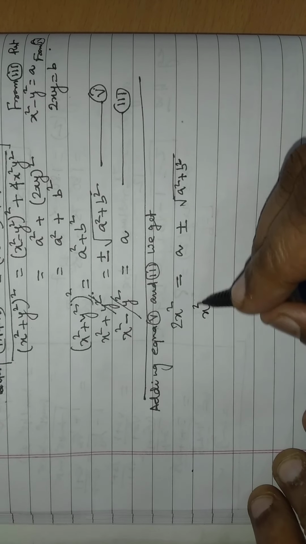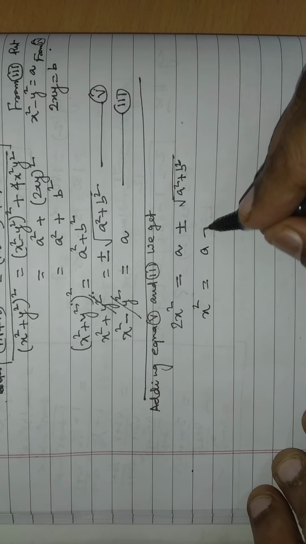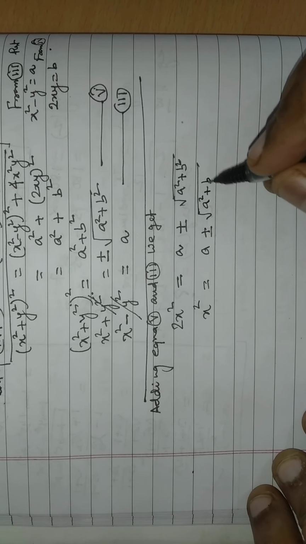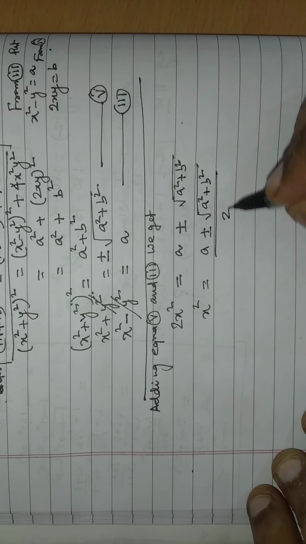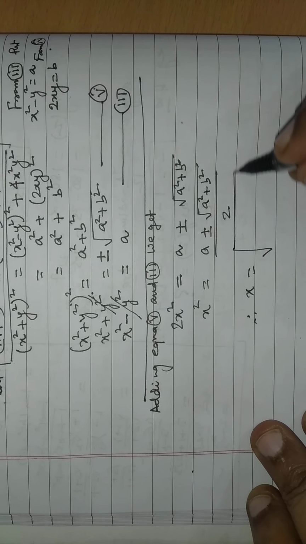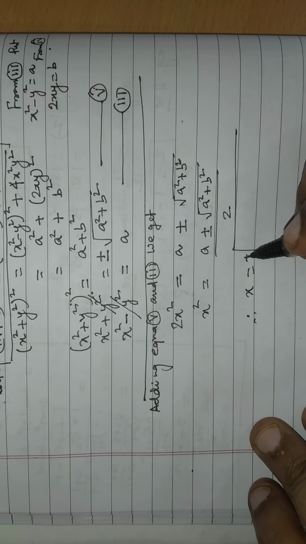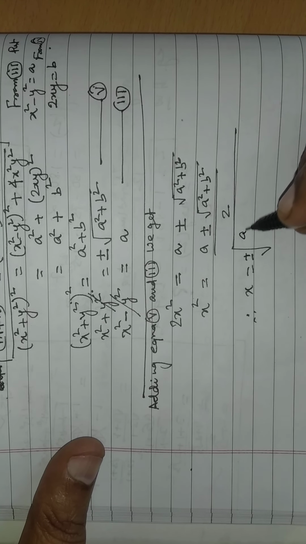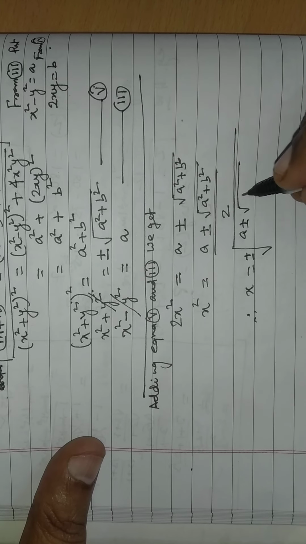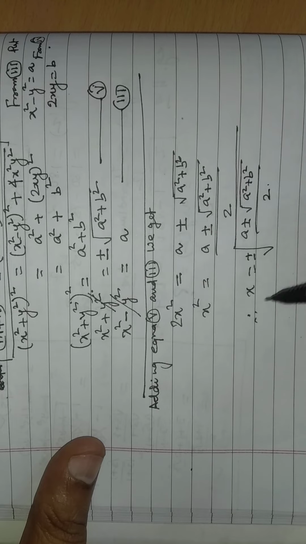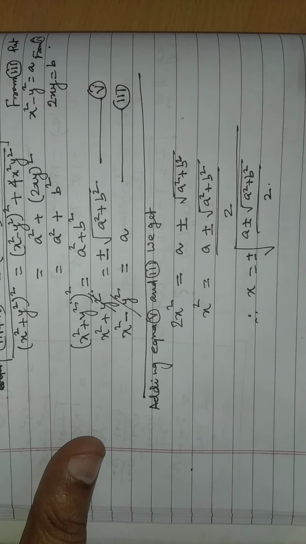Then x square is equal to (a plus minus root under a square plus b square) divided by 2. Therefore, x is equal to plus minus root under (a plus minus root under a square plus b square) divided by 2, where we take the plus minus sign because we are taking a square root. So we have calculated the value of x in terms of a and b.